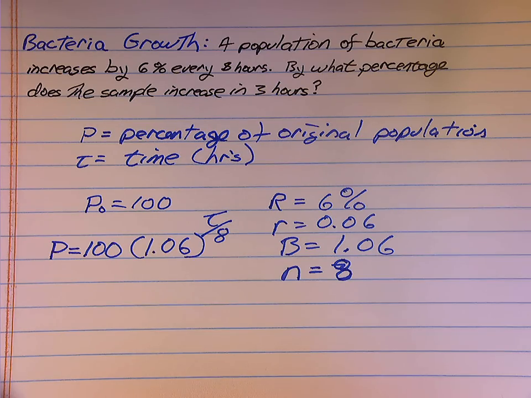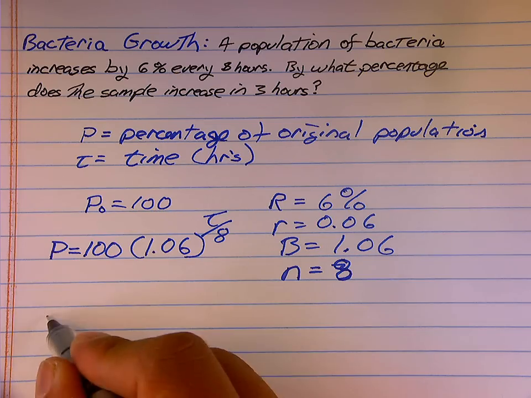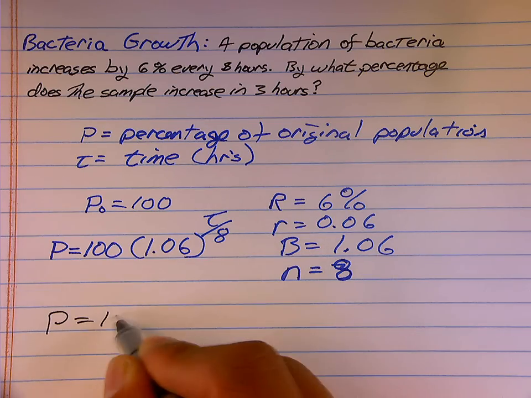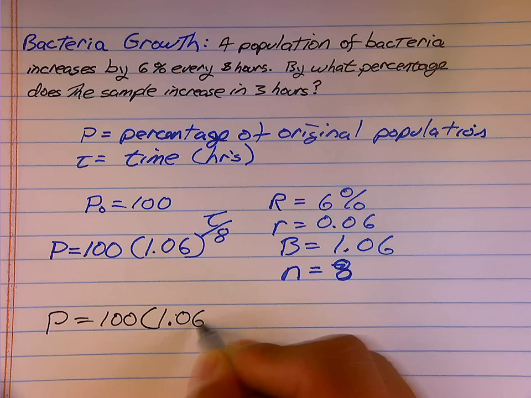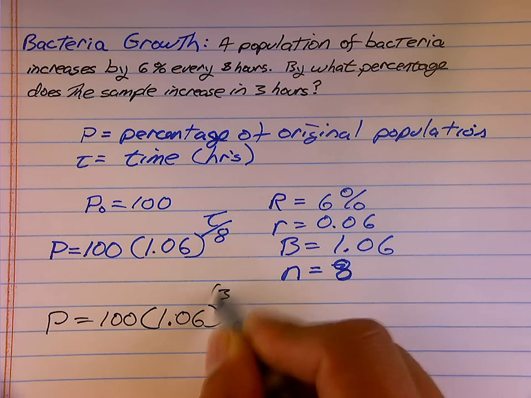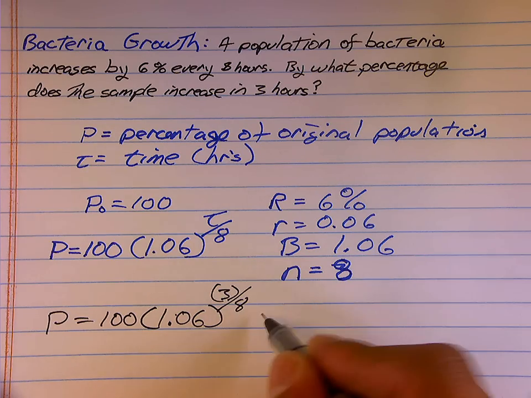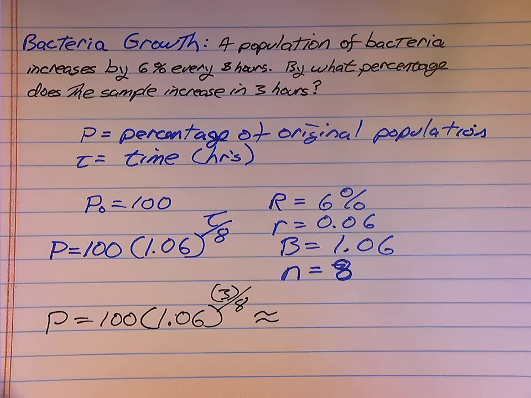Now, to answer the question, by what percentage does the sample increase in 3 hours? Once I have my formula, I can use it by simply plugging in the 3 for the time and plugging that in the calculator just like it looks.